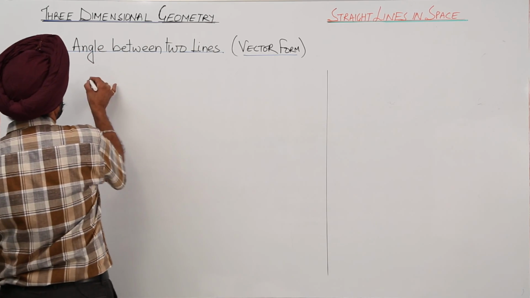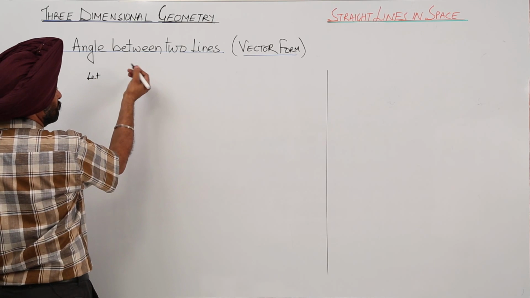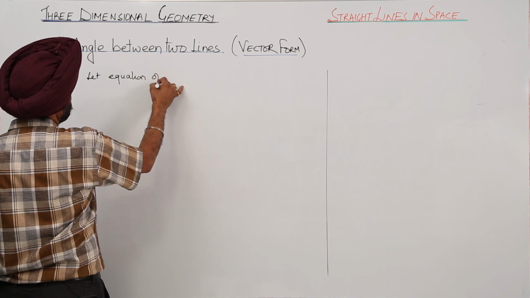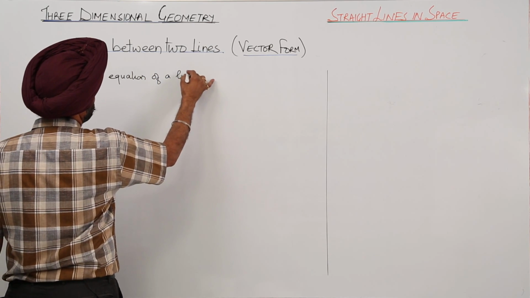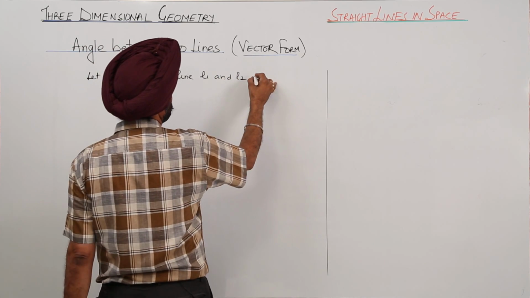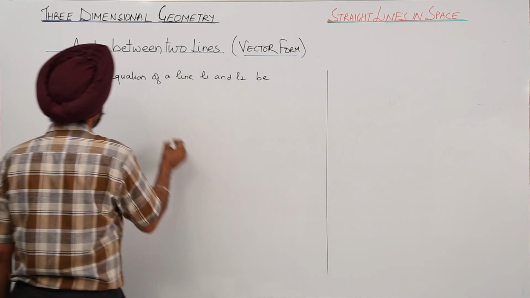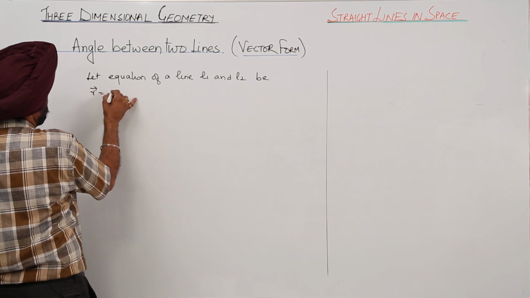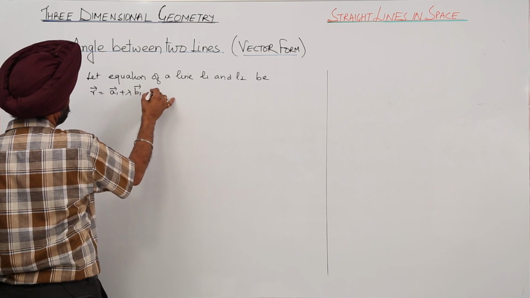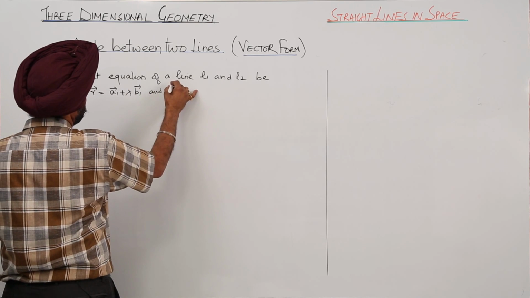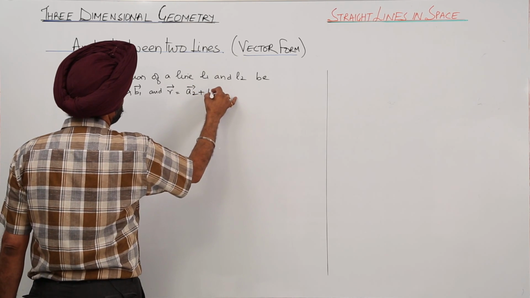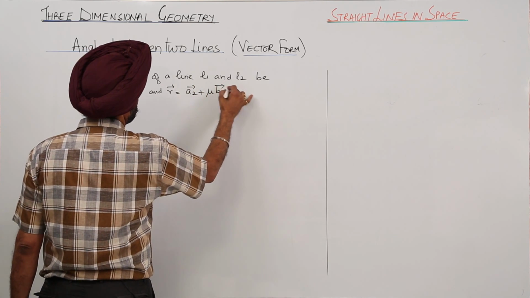Now let the equations of a line, L1 and L2, be vector r is equal to vector a1 plus lambda vector b1 and vector r is equal to vector a2 plus mu vector b2 respectively.